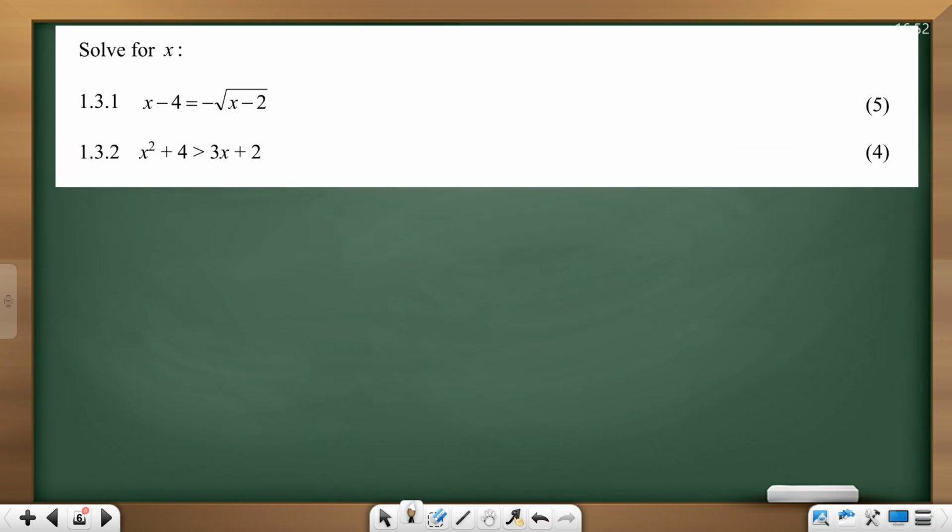Okay, very straightforward things here. All right, so for x, we have surds. I don't know if you guys remember the 5 steps of solving surds, and you will see it's 5 marks. Number 1, isolate the surd. The surd is the one with the root. Number 2, square both sides.